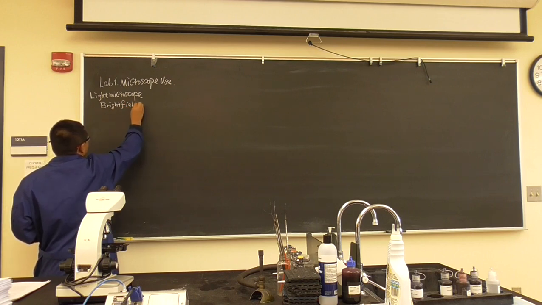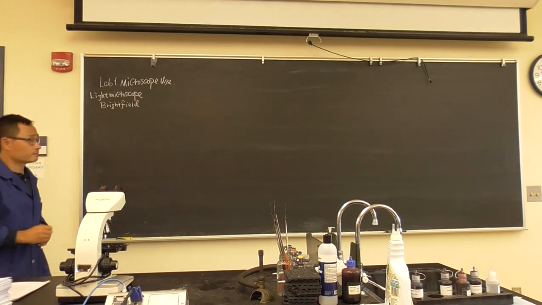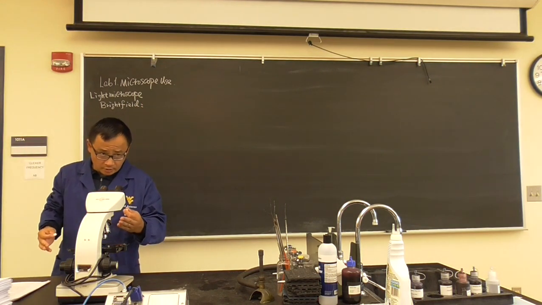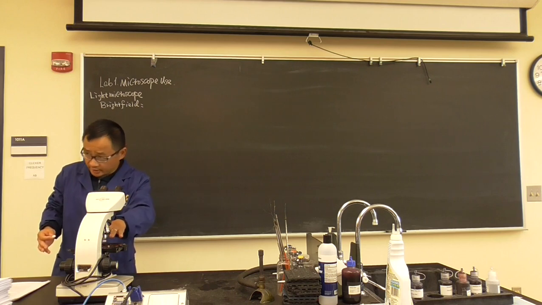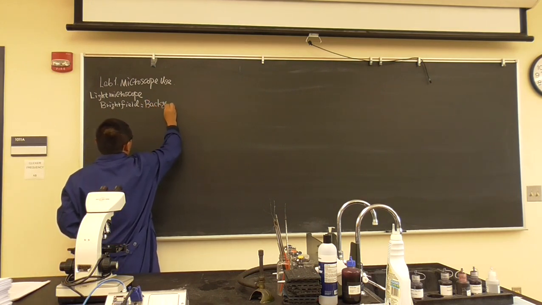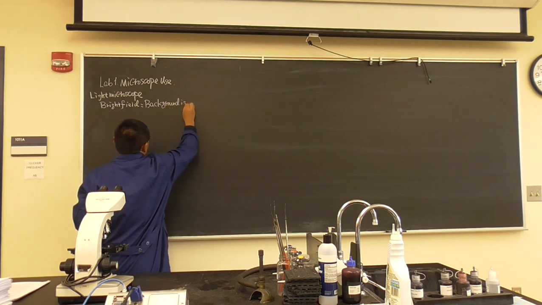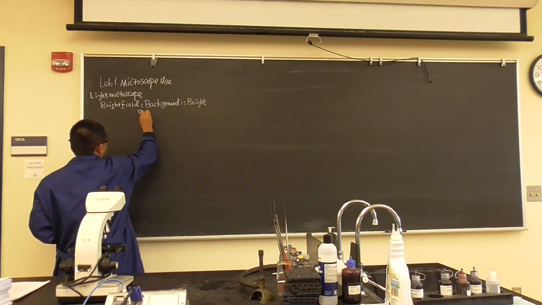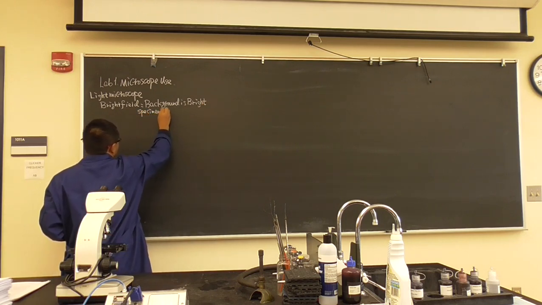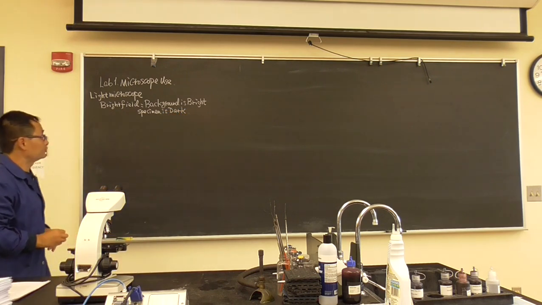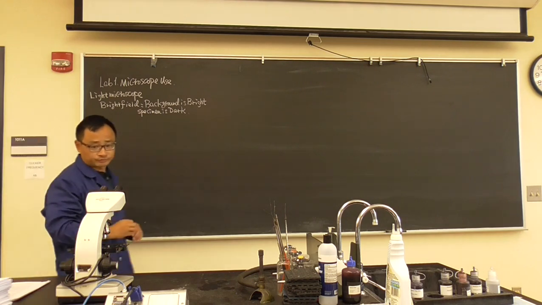What this means, a bright field light microscope, is that when you have a glass slide underneath the objective lens and you do the observation, you will find the background is bright, and the specimen, which means the sample, is dark. That is called a bright field microscope. Okay, so that's the first thing.